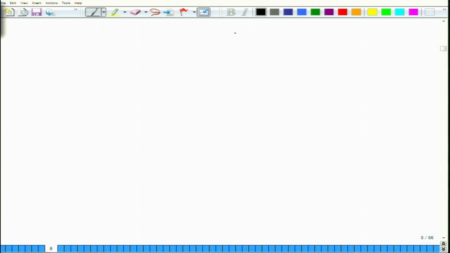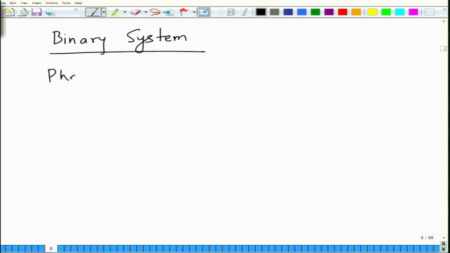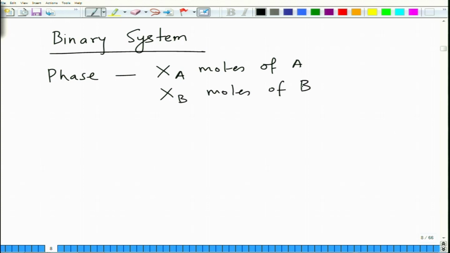So we have a binary system. In this system, you have a phase which consists of XA moles of A and XB moles of B, as we started earlier. XA is nothing but the mole fraction.